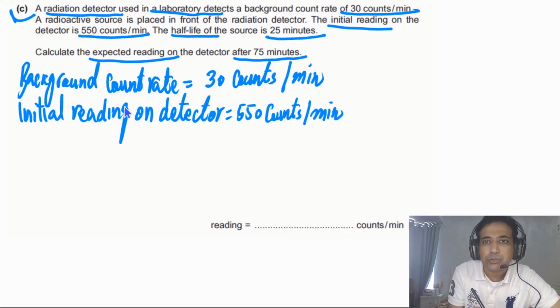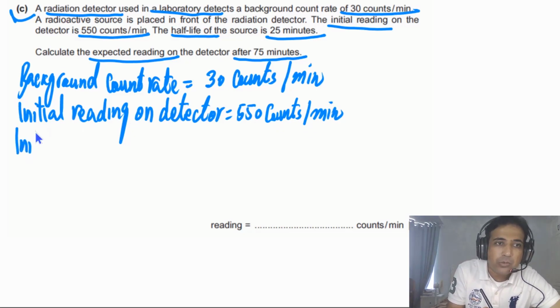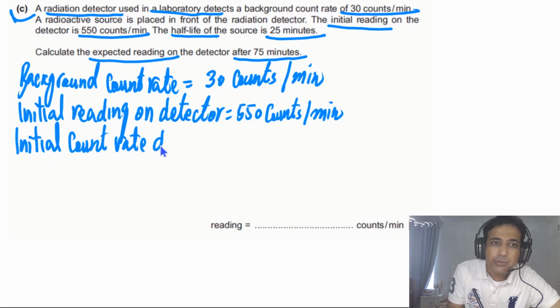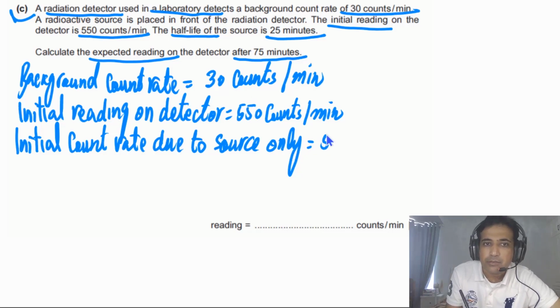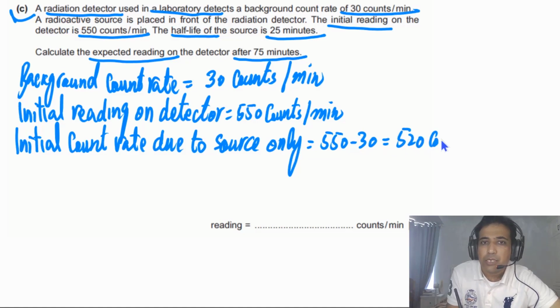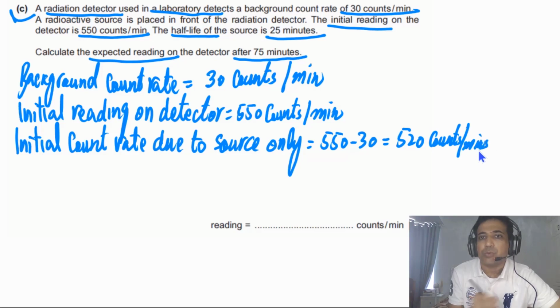From these two pieces of information we can find out initial count rate due to source only. We have total count rate that is 550. So if we subtract background, minus 30, in this case we will get 520 counts per minute. So this is due to the source.